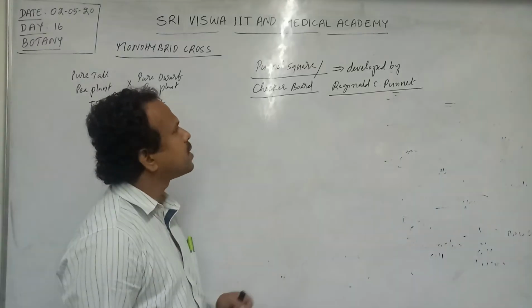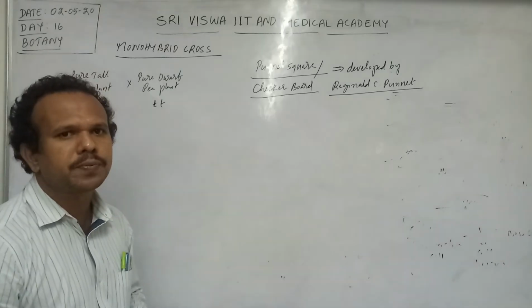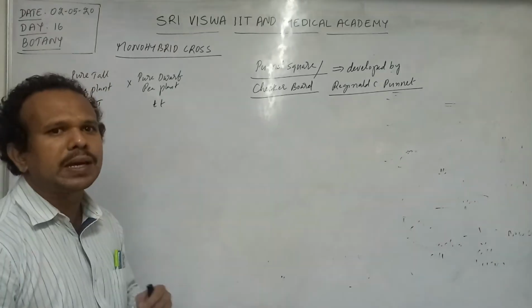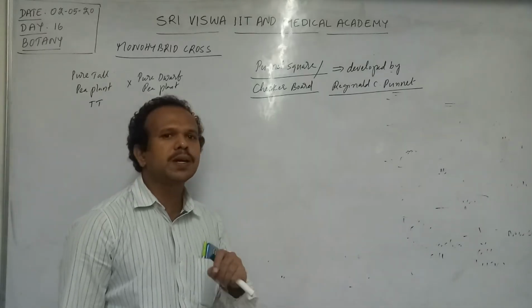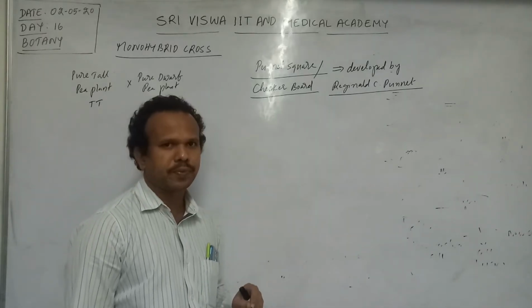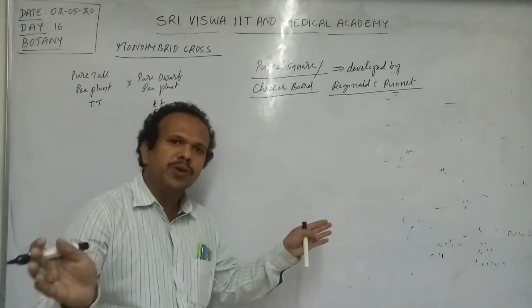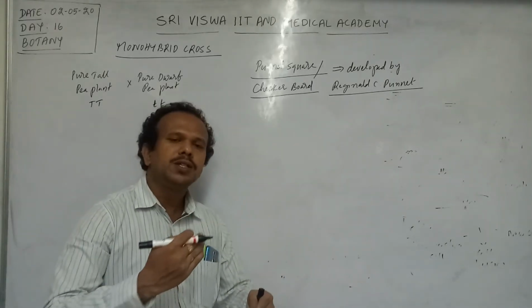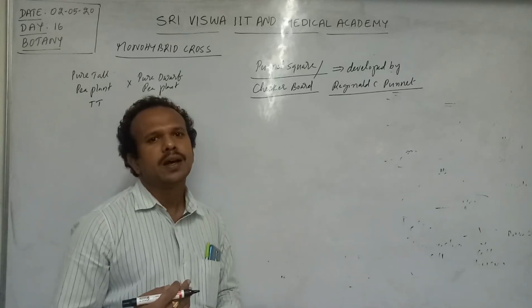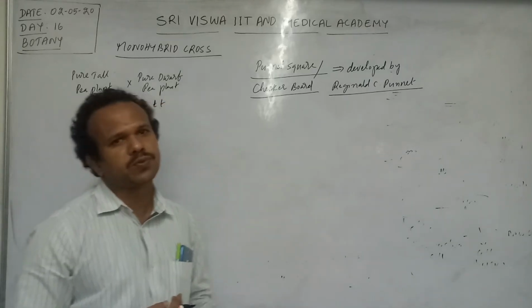This Punnett square is mainly useful to find the possible types of gametes, possible fusions of the gametes, and possible genotypes formed as well as the phenotypes formed.